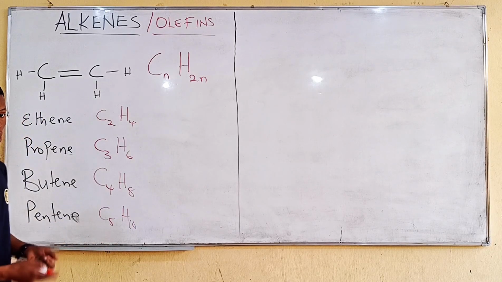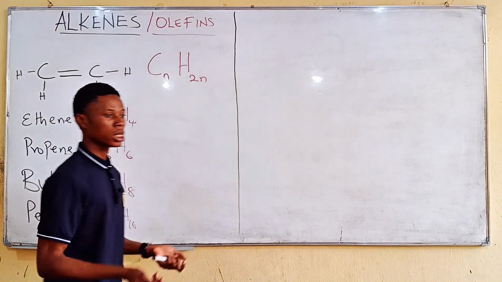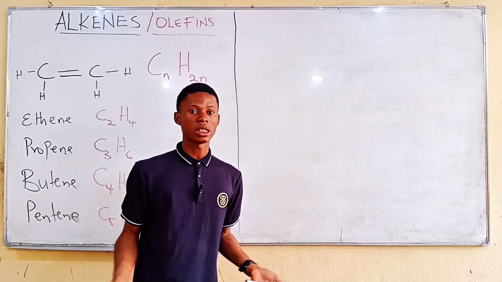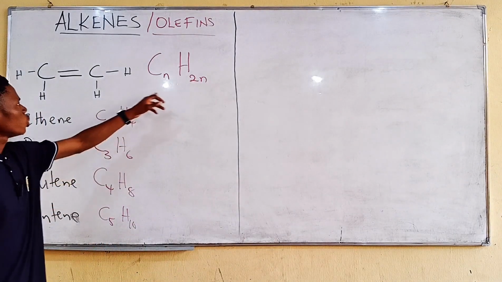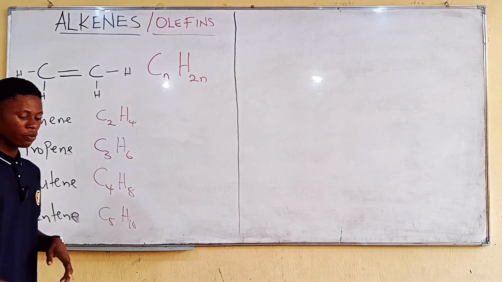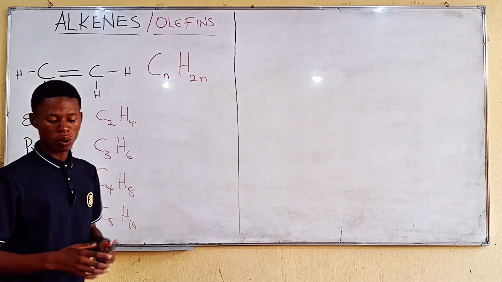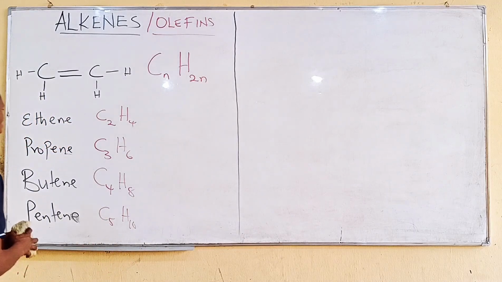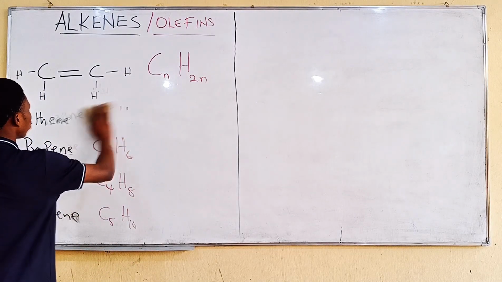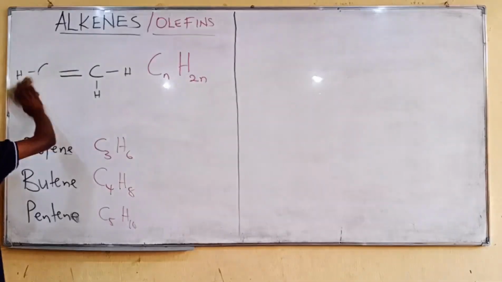It continues like that: hexene, heptene, octene, nonene, decene. So that's that. Now you know the general formula of the alkenes, or the olefins. The next thing we are going to look at is how to name alkenes, the nomenclature of alkenes. So let's see how we can do that.